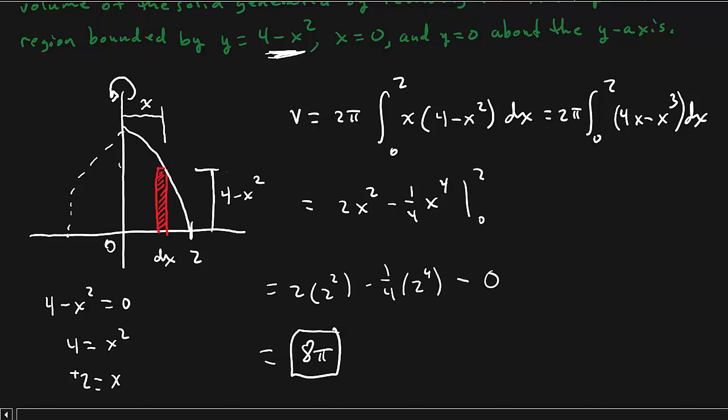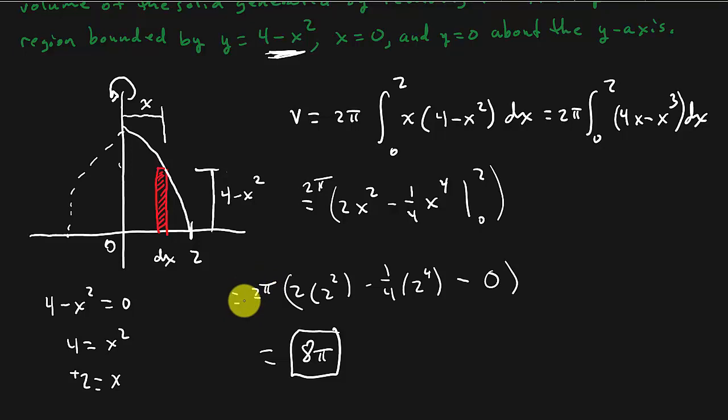One thing I forgot to do, don't forget, all of this is times 2 pi. Don't forget to bring that 2 pi with you. I forgot to do it there also. I've done it in the past, forgetting to bring that 2 pi.